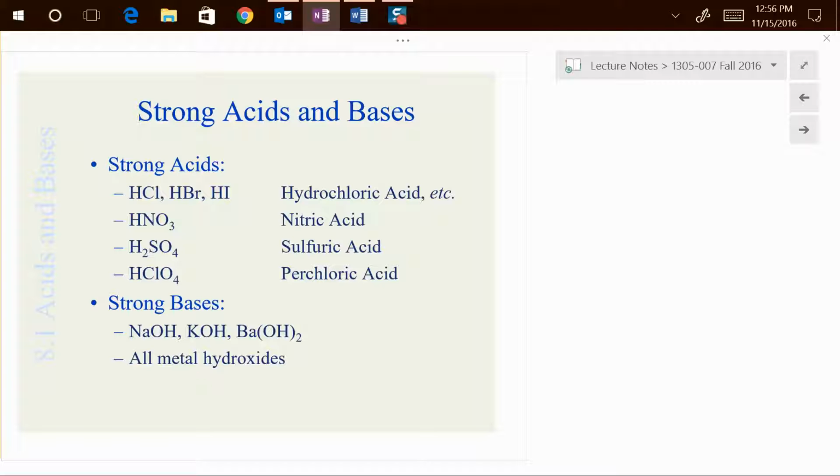All right, and then halogen acids are usually strong acids, except for the one you don't see up there, HF. That's because HF is a weak acid. Weak. It's not a strong acid. So it's not in this list. This is the only halogen that's not a strong acid. The other HCl, HBr, HI, those are strong acids. Okay?